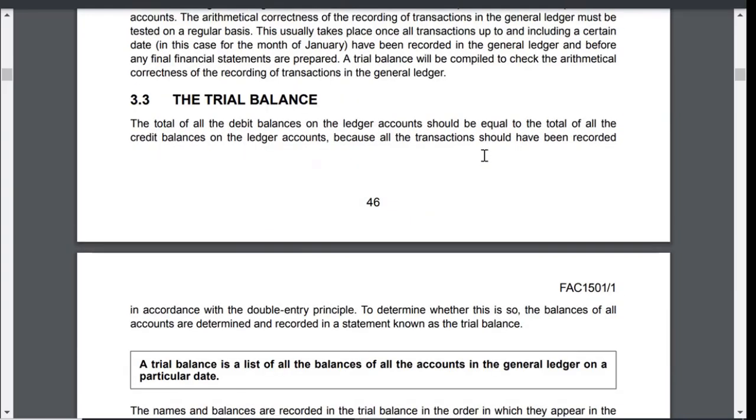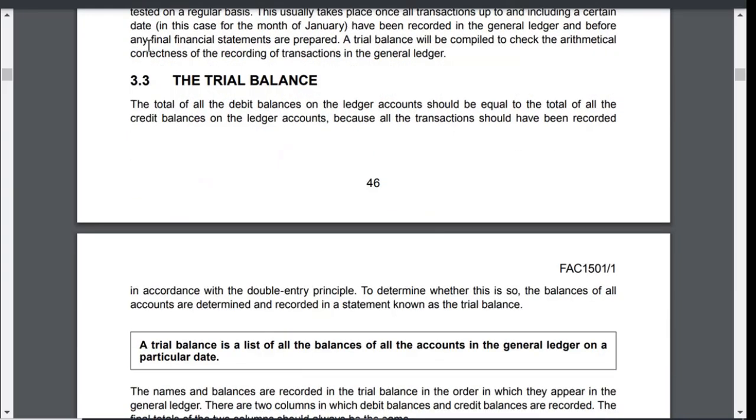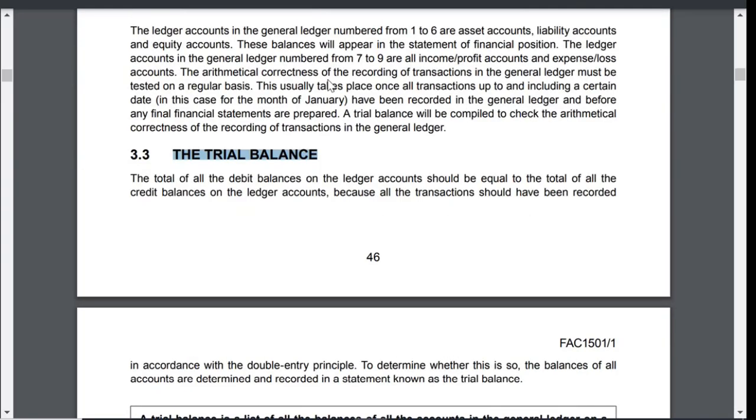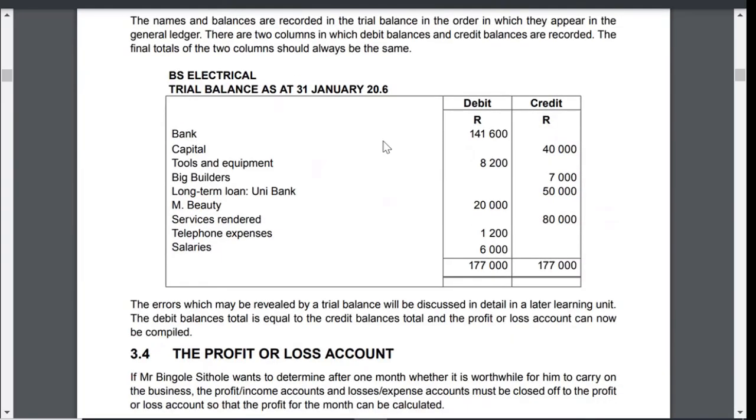So now we've done all the transactions. Remember, in the last learning unit, I did trial balance. I can see now that they've done a trial balance. Let's see where they got the amounts. Bank account, they say it's 1. Where do they get those amounts?